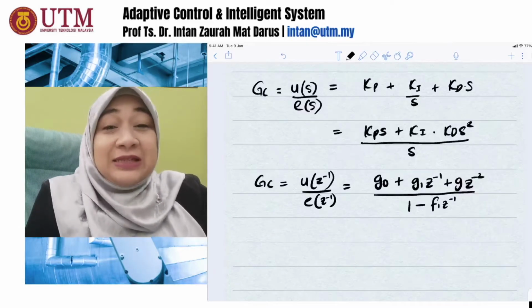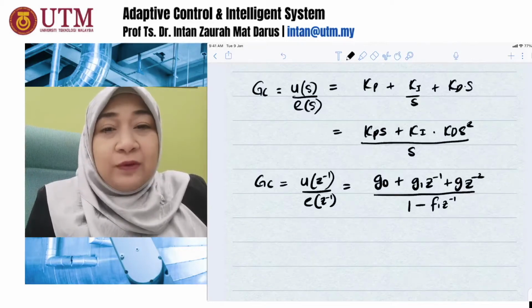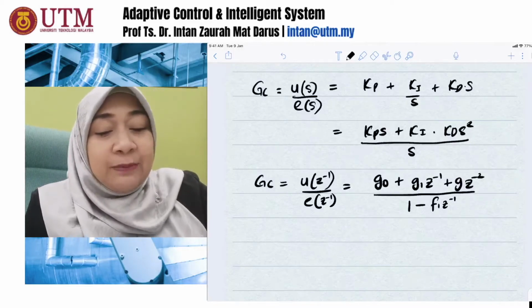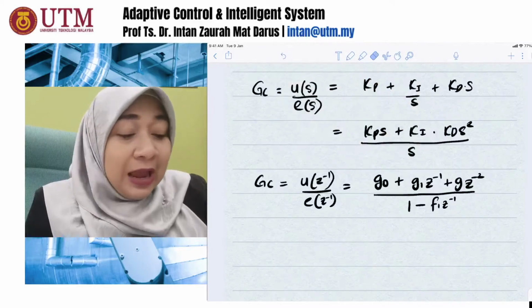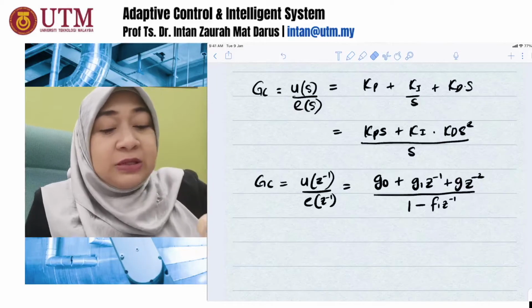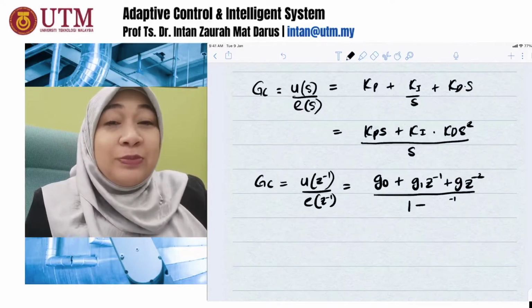In this case the answer is no, because we're going to use the simplification that s is equivalent to 1 minus z^-1. I don't even need to find the value of f1, because I will give it a value of 1. If you use 1 plus, it means your value of f1 will be negative 1.